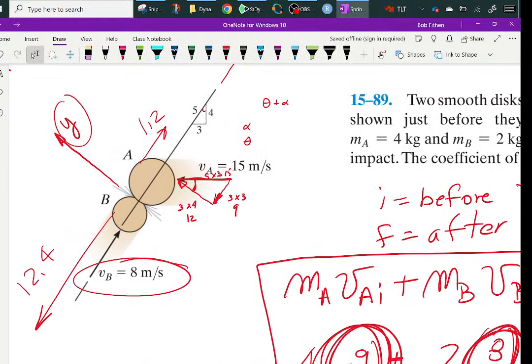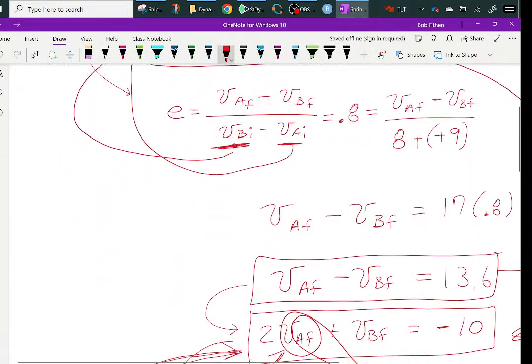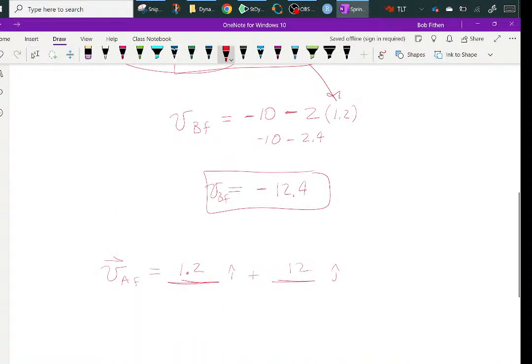For A, though, I actually have a 12 moving that direction. So I still have the 12 before. VA initial would be I plus 12J. The reason I'm doing this is I want to look at the kinetic energy and play a game here in a second.